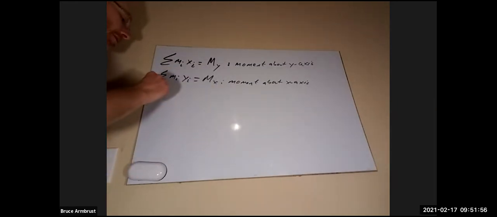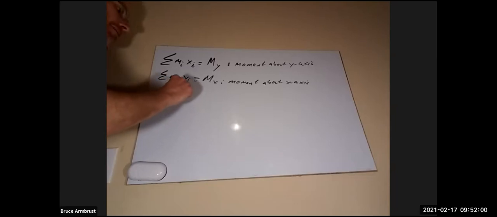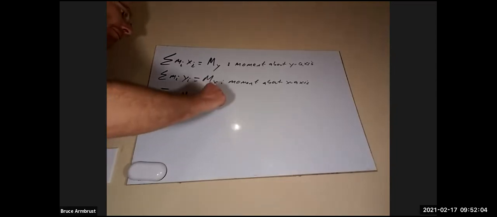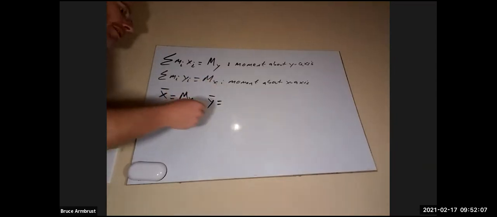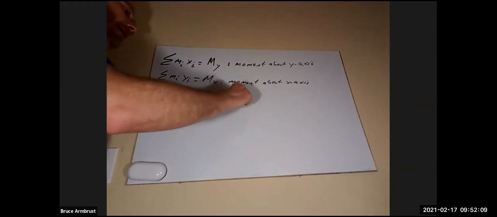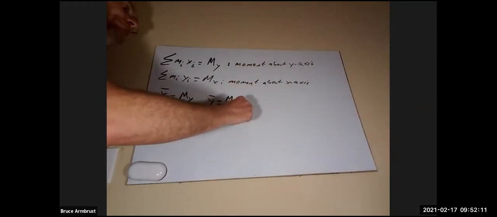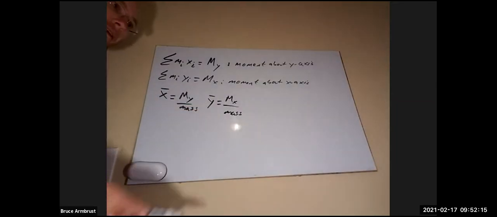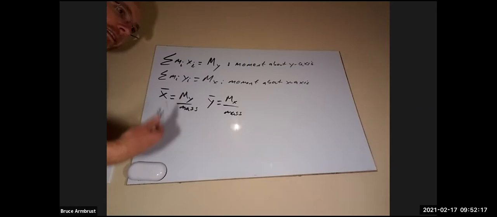So then when it comes to the center of mass, you'll sometimes see them written like this. So x bar is My over the mass, and y bar is Mx over the mass. I'm not going to ever write that, because I know for me personally, this is confusing.